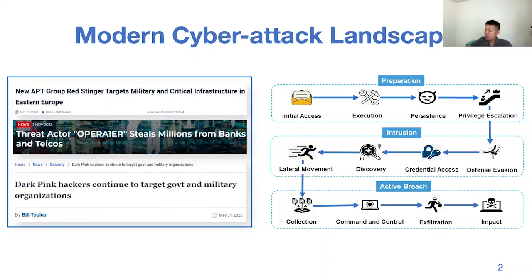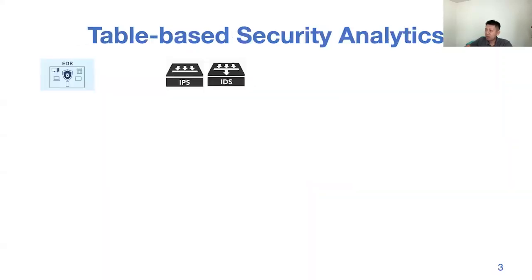And then they run exploitations and escalate their privilege, from normal users to root users, and then continue to move from vulnerable machines to the servers and finally to their targeted servers, exfiltrate the sensitive data and send it back to the attackers. So lots of steps, lots of connections.